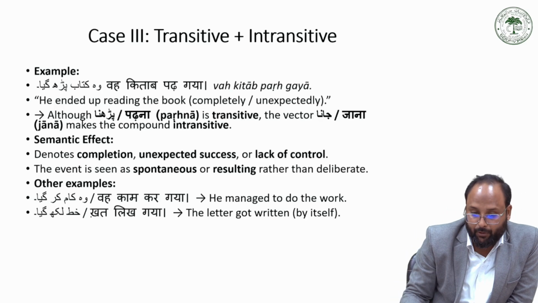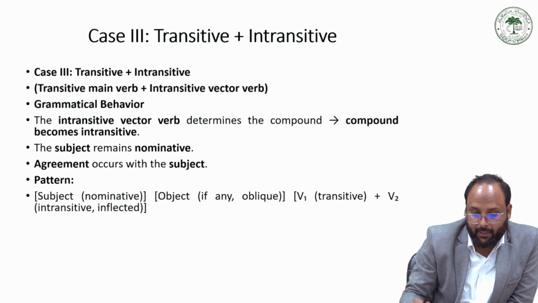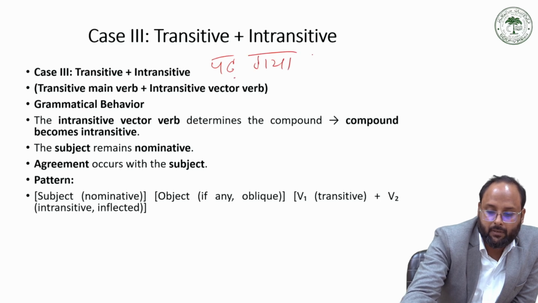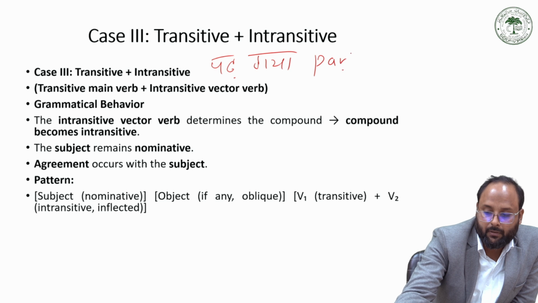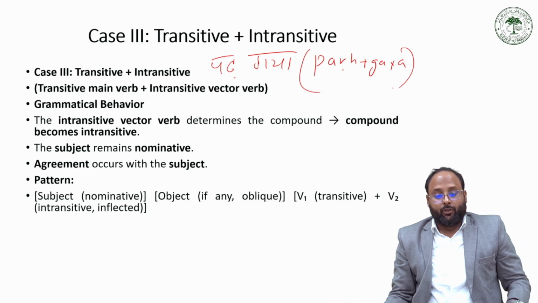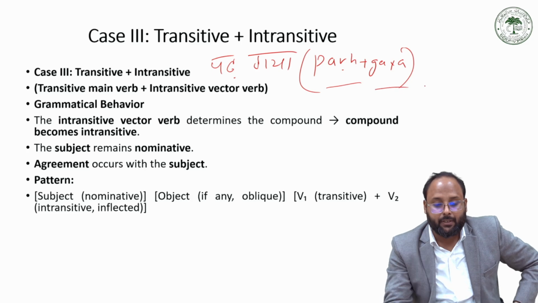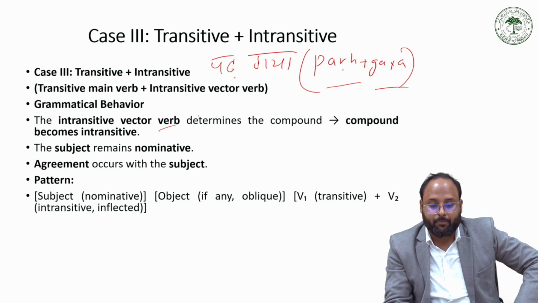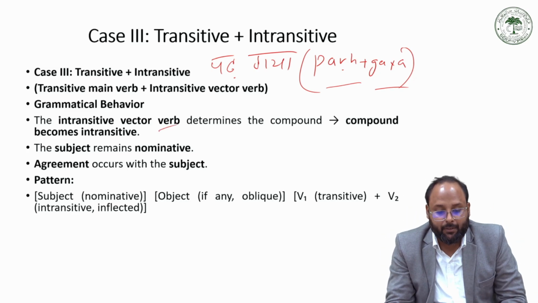We have examples like वो किताब पढ़ गया, या वो खाना खा गया; पढ़ plus गया. This V1 is transitive, and this V2 is intransitive. So the whole vector becomes intransitive. The subject remains nominative and it agrees with the object.